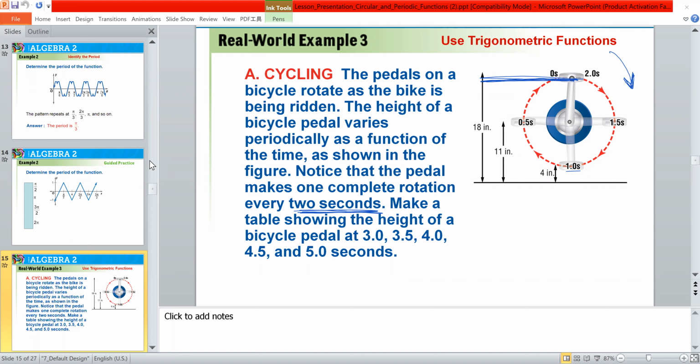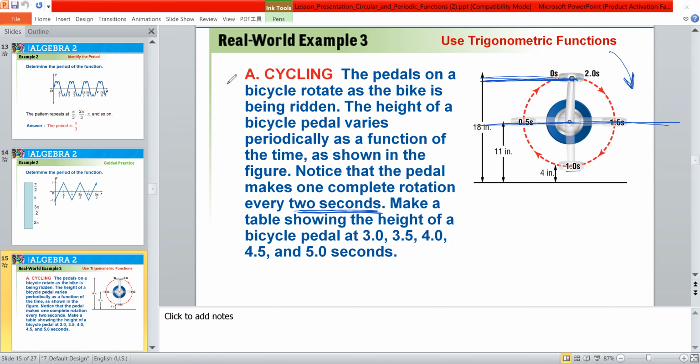When we get here, the height of the pedal will be 11 inches. We have 1.5 seconds, 0.5 seconds, and so on.